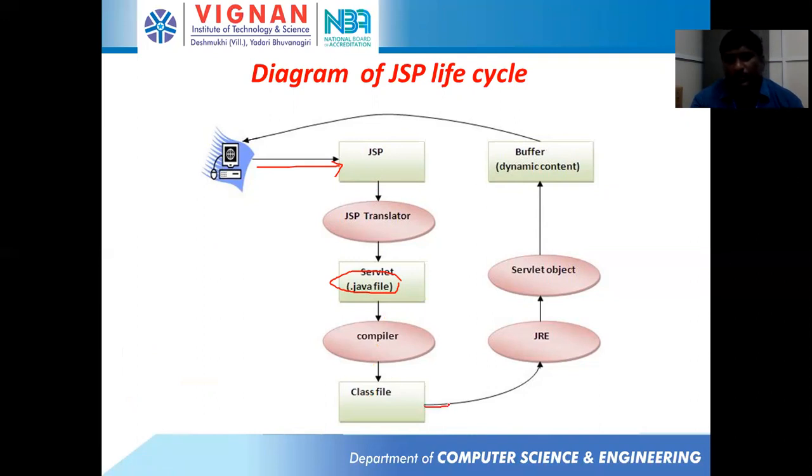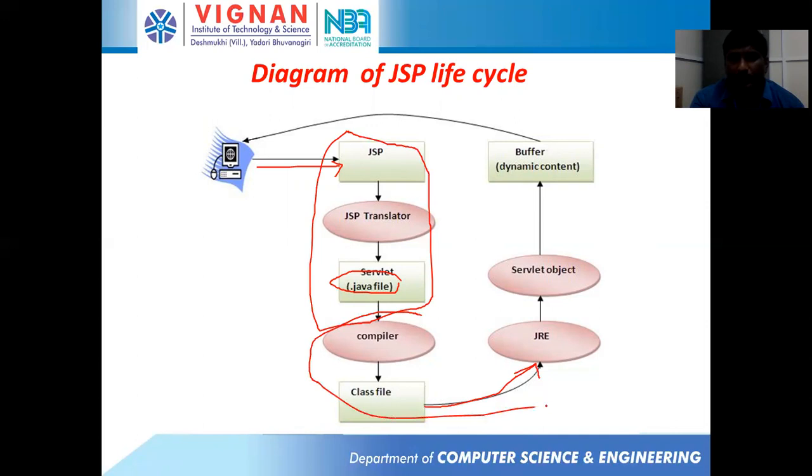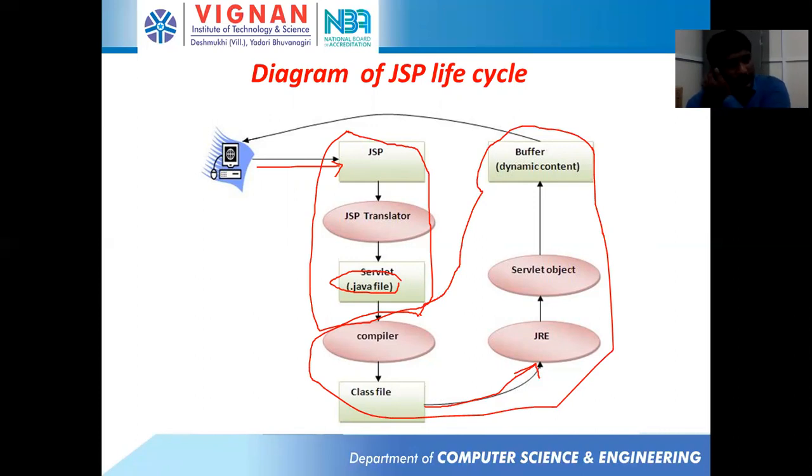From now onwards, the servlet life cycle starts. The servlet container takes care of instantiation, initialization, serving the request, and destruction phase. The remaining part is taken care of by the servlet engine.